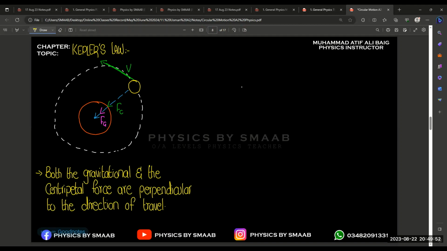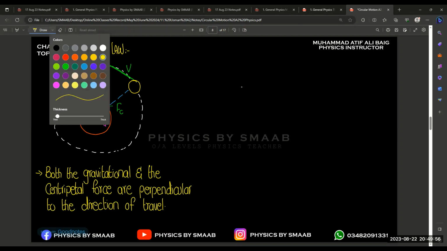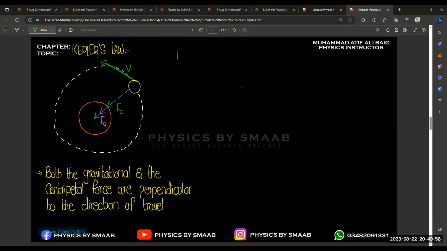So both are perpendicular to the tangent, very simple. And we know that both forces are acting in the same direction. So Fg is equal to Fc, right? You know the formula of Fg: Fg equals m1 m2 G over r square.